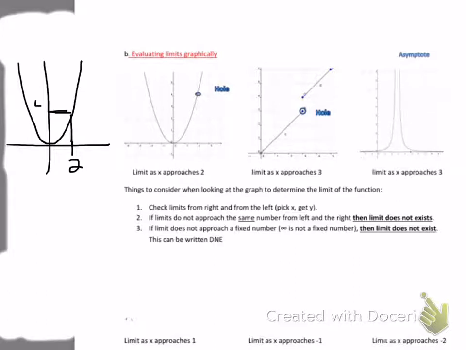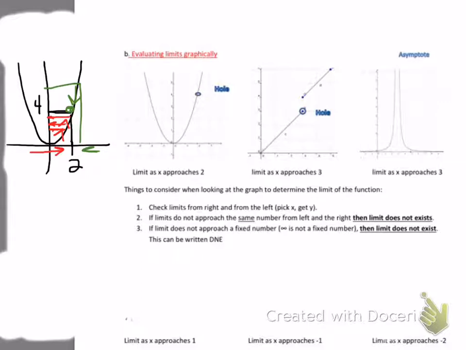Alright, so let me just change my color pen. And as x approaches 2 from the left, I'm going to come up the function, and I'm going to come over to read my y values. And then as x approaches it from the right, I'm coming this way, and I'm going to come down the function, and read over. So I'm going this way down the function, and I'm converging on a number, and that number will be 4.